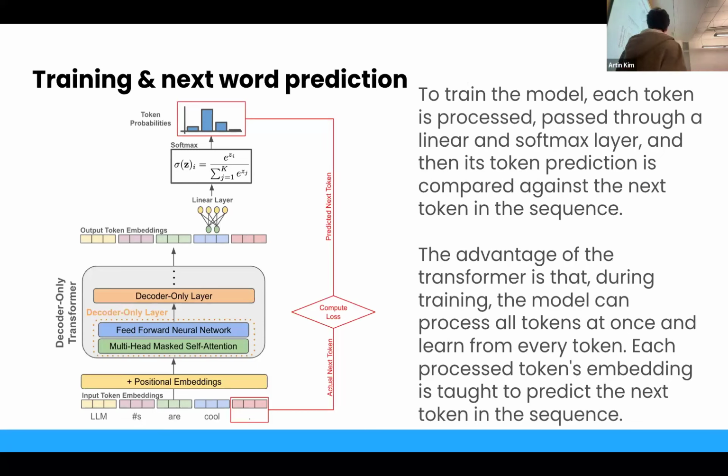You just say, okay, this is a training example. I only have this much of the sentence, "LLMs are cool," and what I want the model to do is take this in, and the output I want is this period. Then here's another training example: "Large language models are," is one input, and I want the output to be "cool."